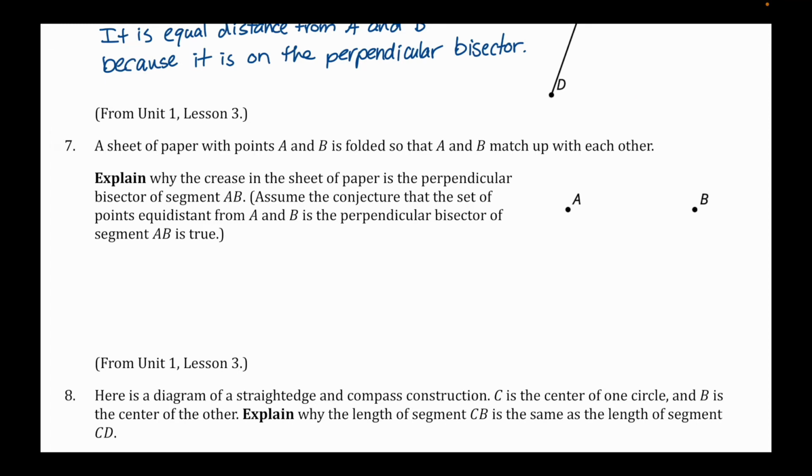If we have a fold in our paper, I'm going to say that's approximately our perpendicular bisector. And you draw a line, or segment in this case, using a straight edge, from A to any point on that fold.